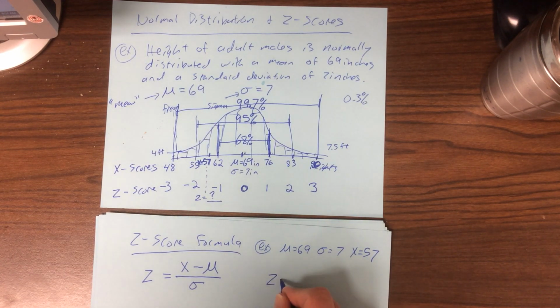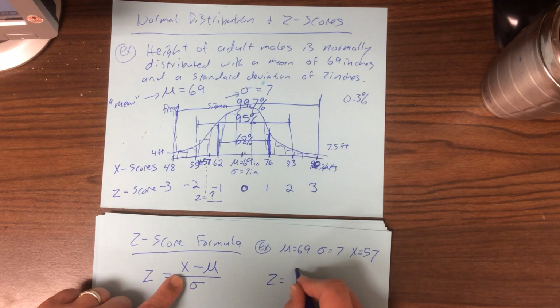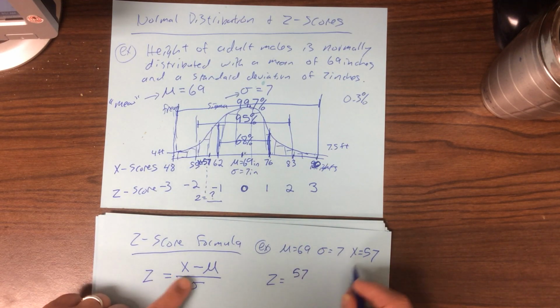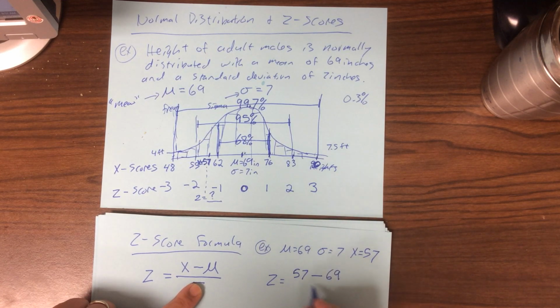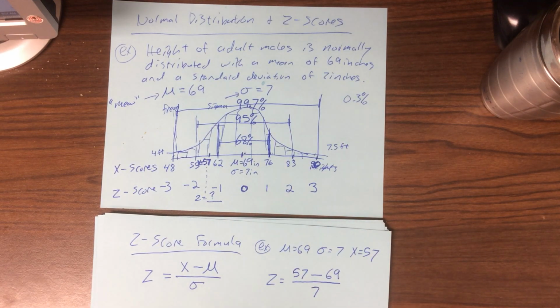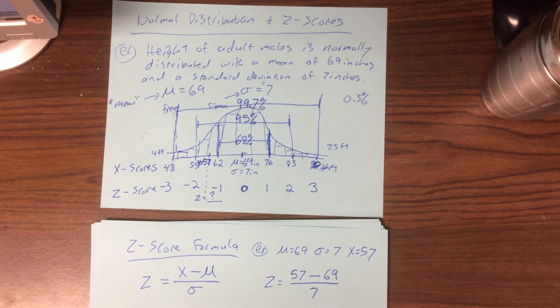So plugging this into this formula, this is 57. That's the one I'm going to convert to the z-score. Minus 69 divided by 7, divided by the standard deviation. Okay, and then let me get my calculator up here.